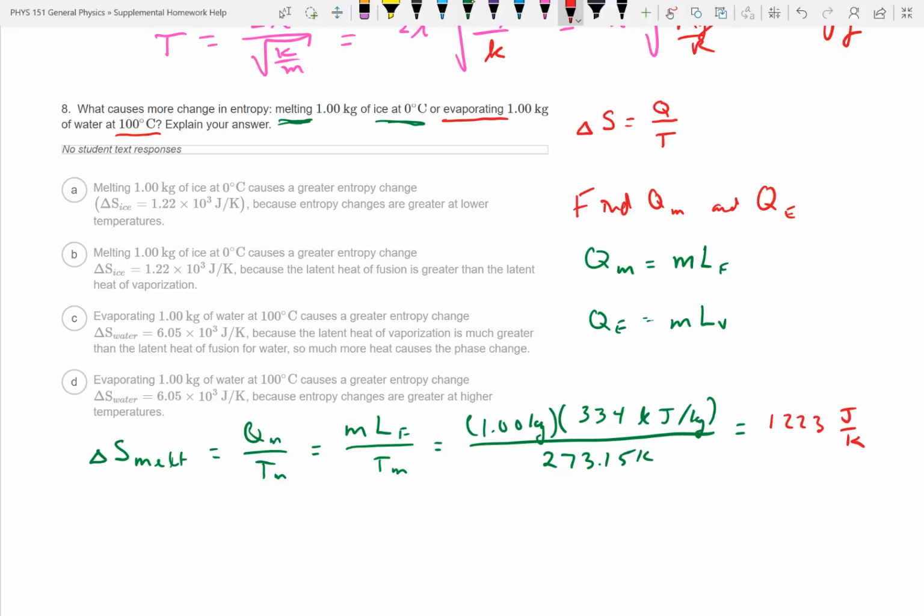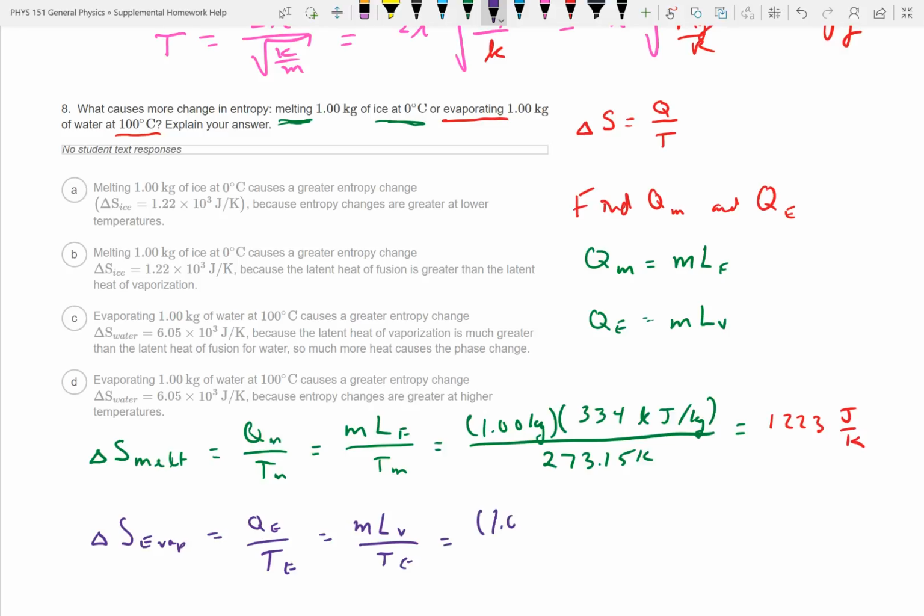Then we do our next calculation. The change in entropy for evaporation is equal to Q evaporation over temperature evaporation, which is mass times latent heat of vaporization over temperature evaporation.